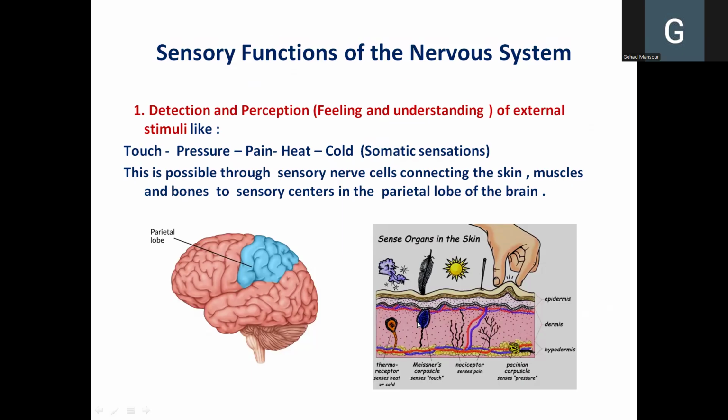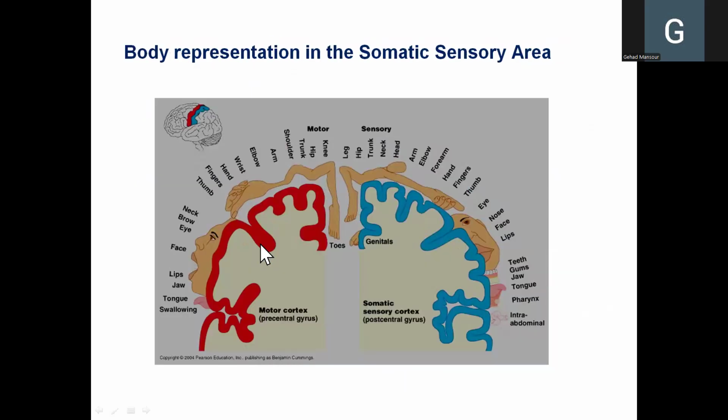So temperature, touch, pain, and pressure are somatic sensations, and they are detected in the primary sensory cortex of the brain. So the receptor transduces, for example, heat energy into electric impulses that will ascend to reach the parietal lobe. So their final destination is the parietal lobe.